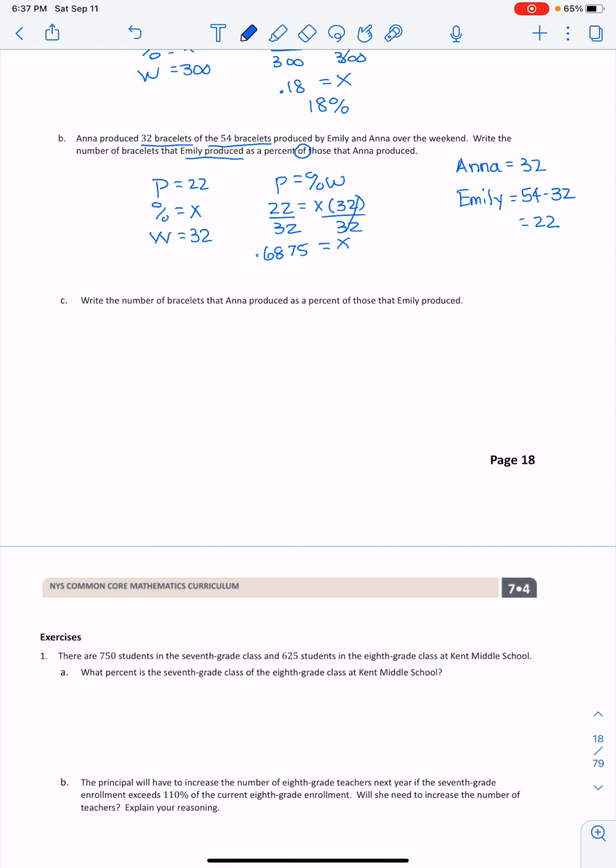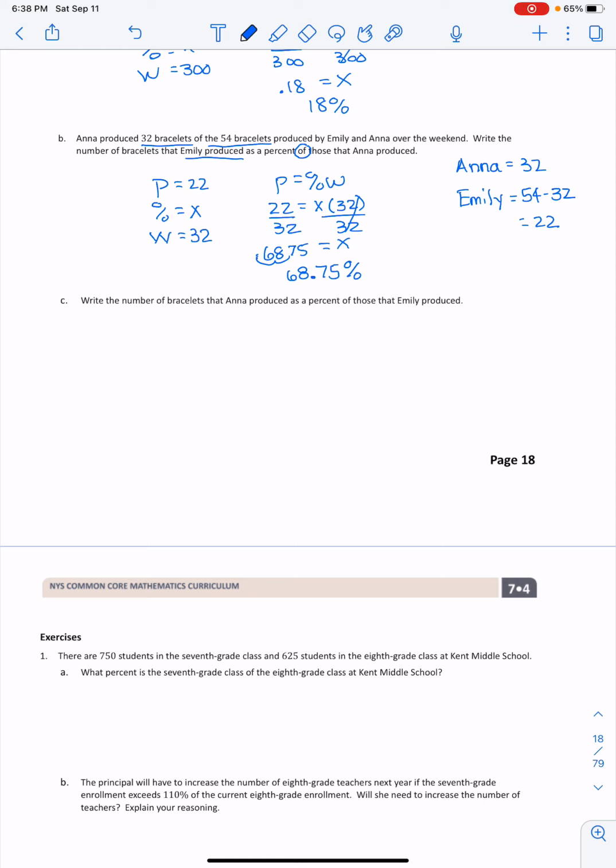Now here you don't just round, ladies and gentlemen. You move that decimal over 2 places, and my percent is 68.75%. You can have part of a percent, so that's what you leave. You don't round unless the question tells you to.